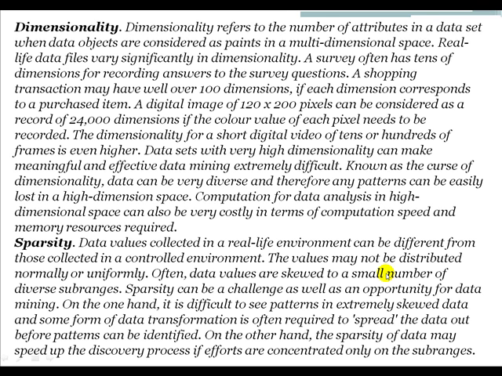Okay, the next thing is sparsity. Data values collected in a real-life environment can be different from those collected in a controlled environment. The values may not be distributed normally or uniformly. Normally means according to the normal curve. Uniformly means kind of evenly. Often data values are skewed to a small number of diverse subranges.